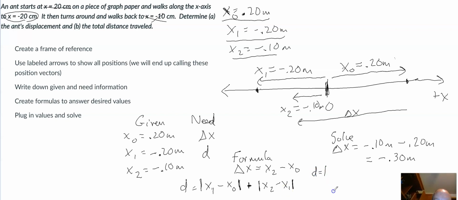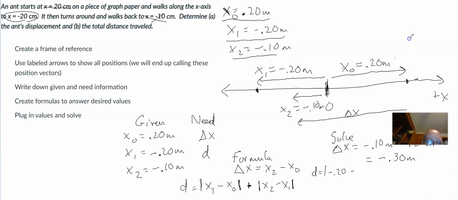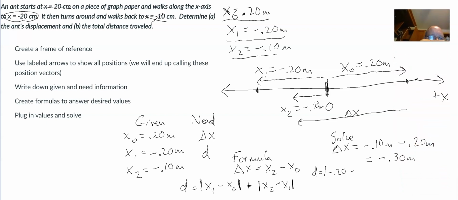D equals the absolute value of negative 0.20 minus, and I'm not going to use units for that because I don't have enough space. Actually, let me move out of the way. So I will use units. Negative 0.20 meters minus 0.20 meters.